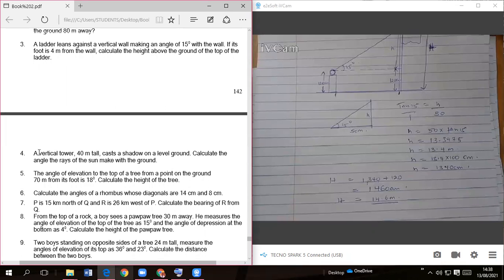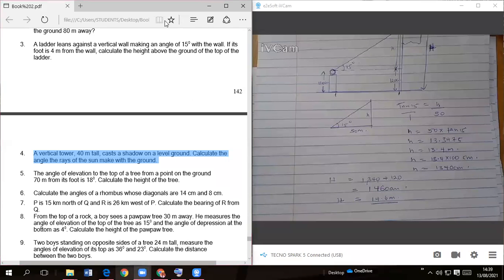Let us look at exercise number 4. They are saying that a vertical tower 40 meters tall casts a shadow on level ground. Calculate the angle the rays of the sun make with the ground.